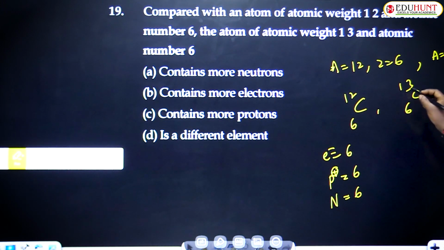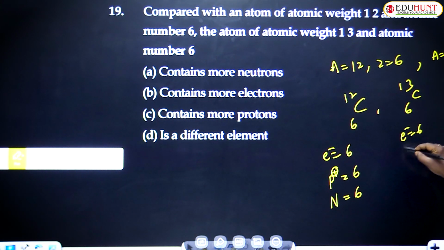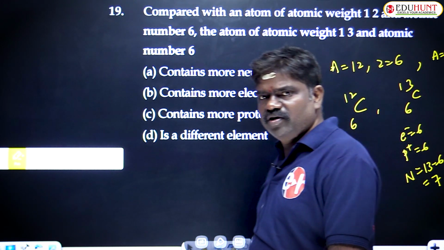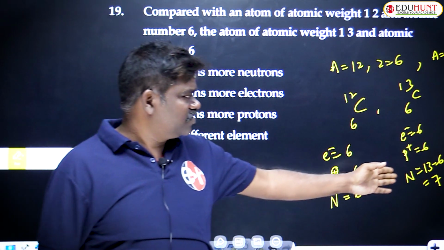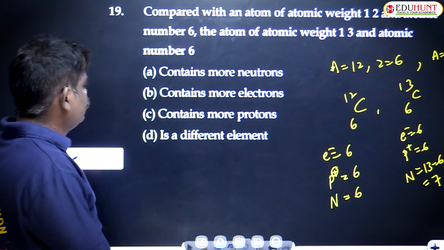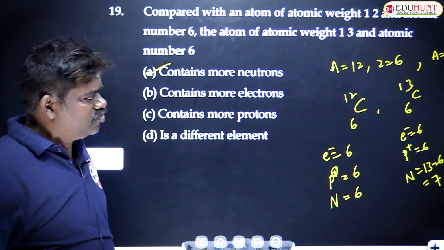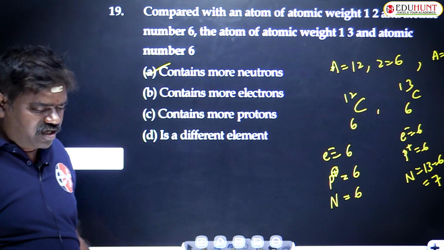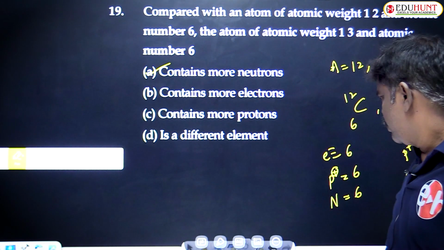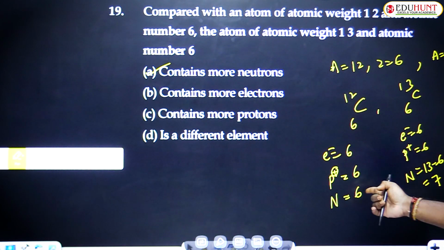Now for the other one, there are 6 electrons and 6 protons, but neutrons are 13 minus 6, which is 7 neutrons. So it contains more neutrons, because compared to electrons 6 and protons 6, there are 7 neutrons versus 6 neutrons.